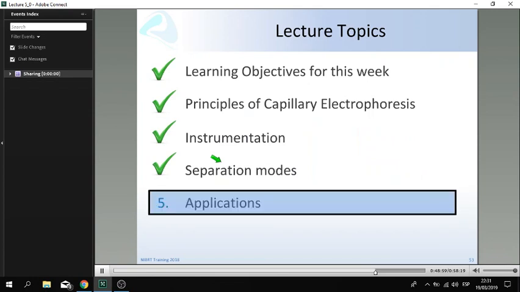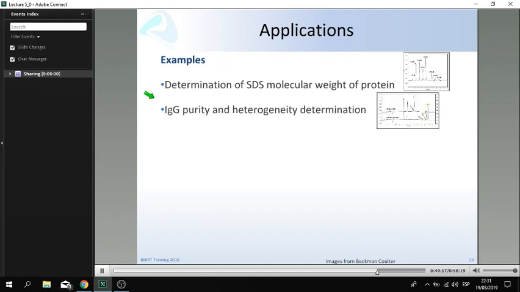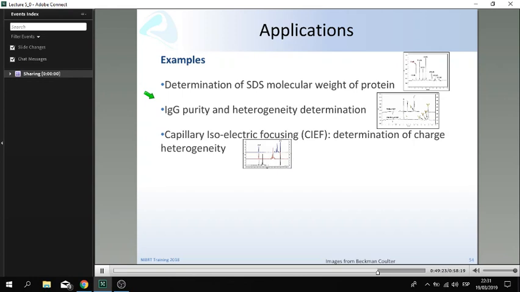Okay, so applications in biopharma for CE. You can use it to determine molecular weight of your protein: doing your SDS, using your molecular weight markers, generating a standard curve, and then determining the molecular weight of your unknown protein. You can use it for IgG purity and heterogeneity determination, so I'm going to show you that.